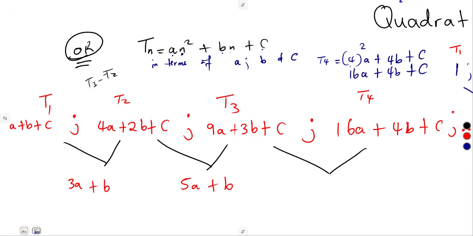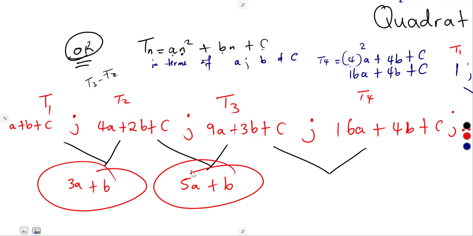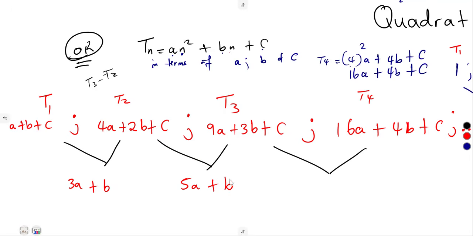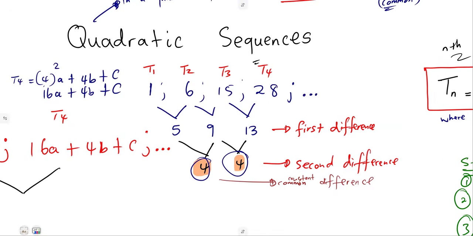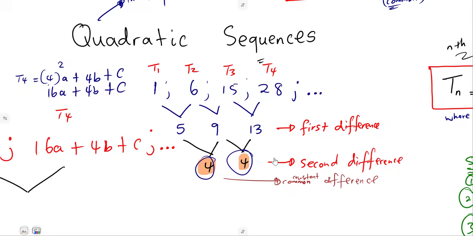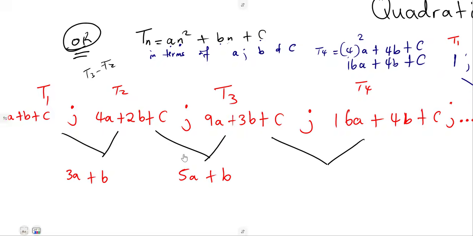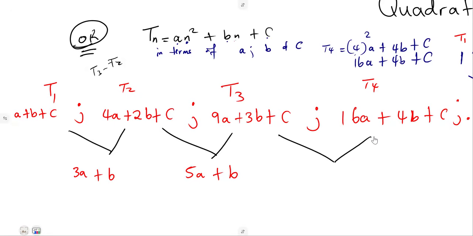As we can see, 3a plus b, 5a plus b, they are different. If they were the same, to say here we also have 3a plus b, it means whatever that we said before there is wrong, because we saw that on the first difference, these numbers are not the same. So therefore, even for these expressions that we have, they are not going to be the same.